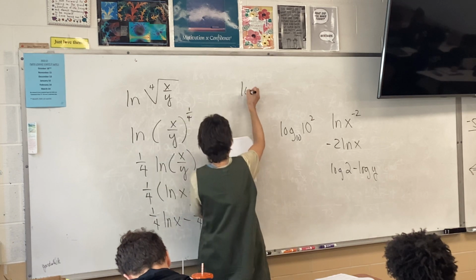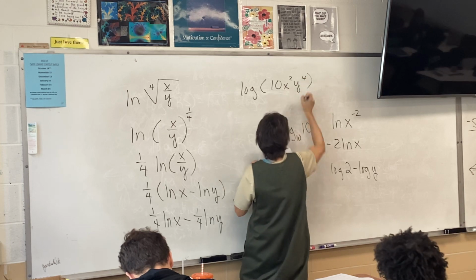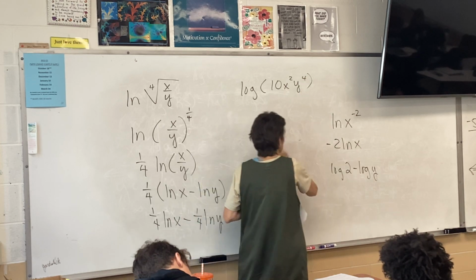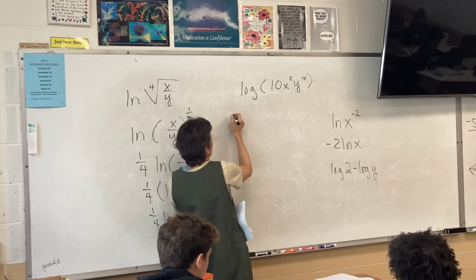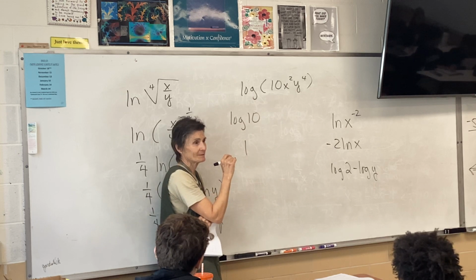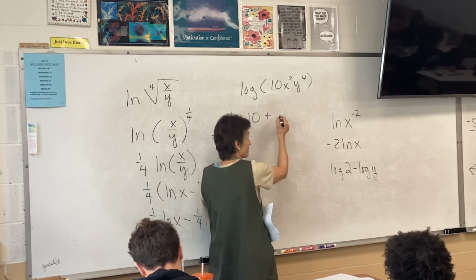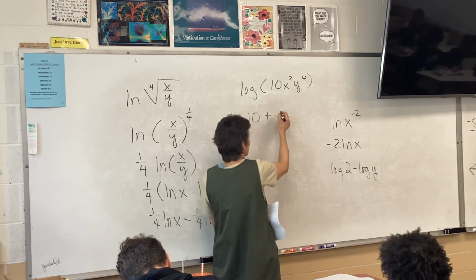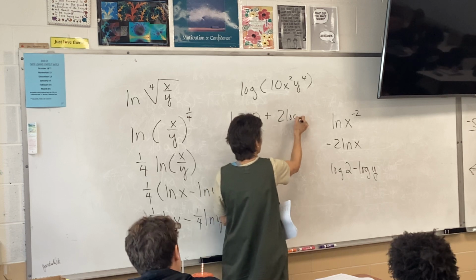All right, what about E? We're just expanding it. So that'll be what? So log 10, which somebody's already said is 1. So log 10 plus log x squared, which will be 2 log x.